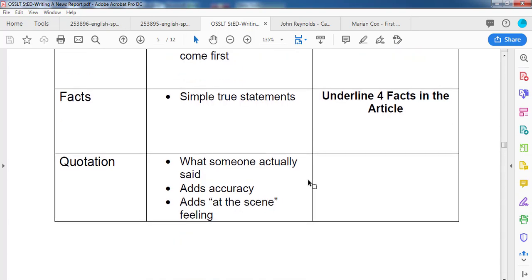What are the facts? No need to give any opinion. And of course, if you want to give an opinion, let the witness give the opinion. You, as a writer or as a reporter, have to be balanced, you have to be unbiased. You are reporting what happened without any feeling. Don't be biased.